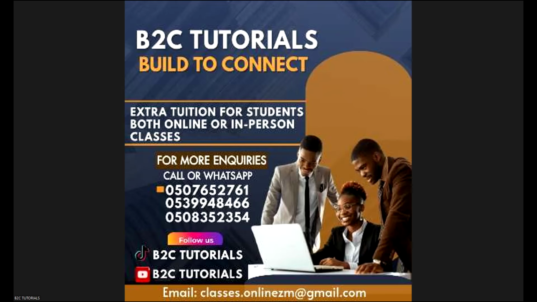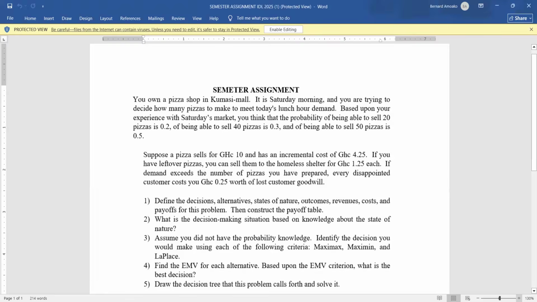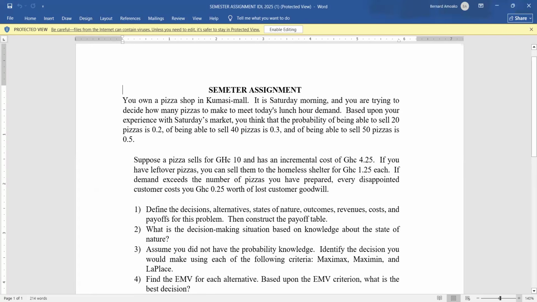Mr. Bernard, you said that question is not for accounting students. Which one? The one that we looked at before. This one. Yeah. This one is not for accounting students. It's for management science students and then logistics students.